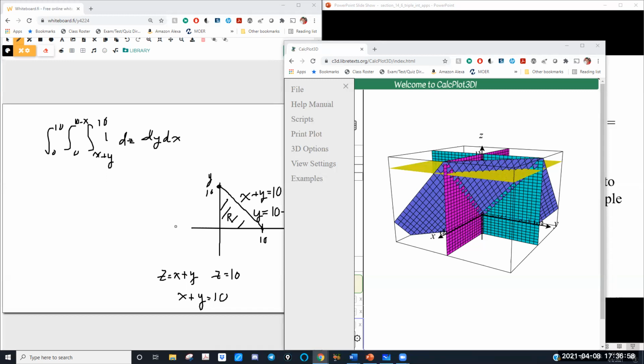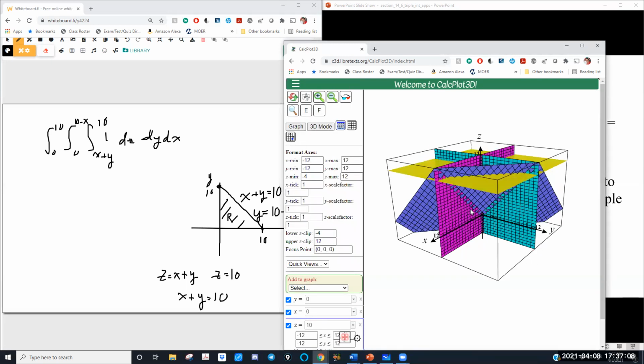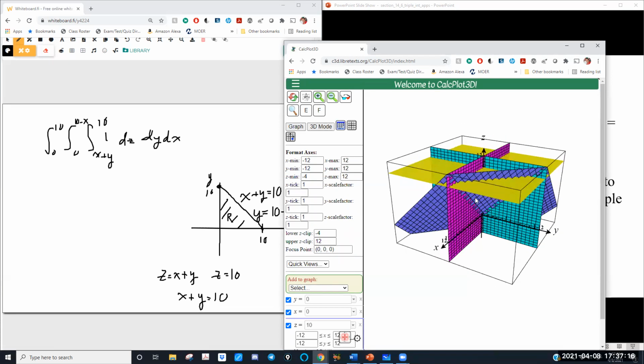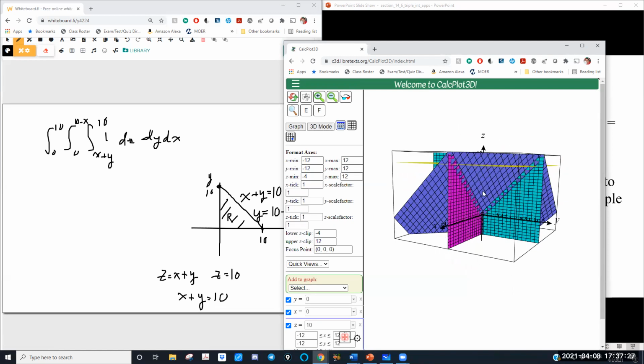Okay. So I got a question. Why is 10 on top and X plus Y on bottom? If we look at our region here, I know there's a lot going on in it, but our region is this upside down triangular one. The reason X plus Y is on bottom and 10 is on top is because X plus Y, for our region, is actually below 10, right?